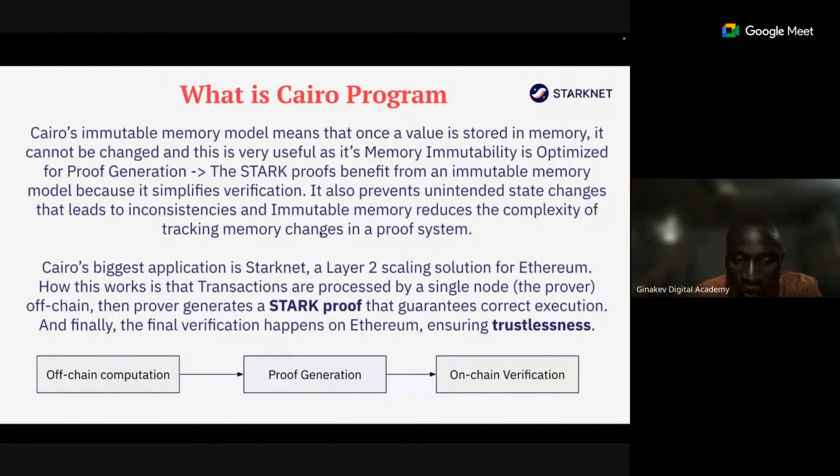Cairo runs off-chain computation, generates a proof, and sends it to the blockchain. The blockchain verifies that proof, whether it is true or not. All right. So the whole essence of this is what is known as ZK, that's zero knowledge. That's what it simply means, where the blockchain doesn't need to know the computation.